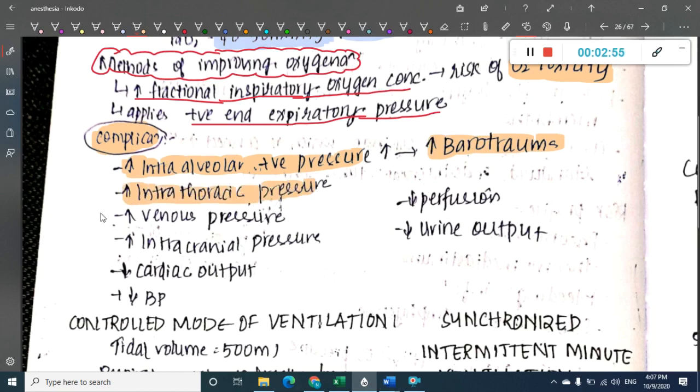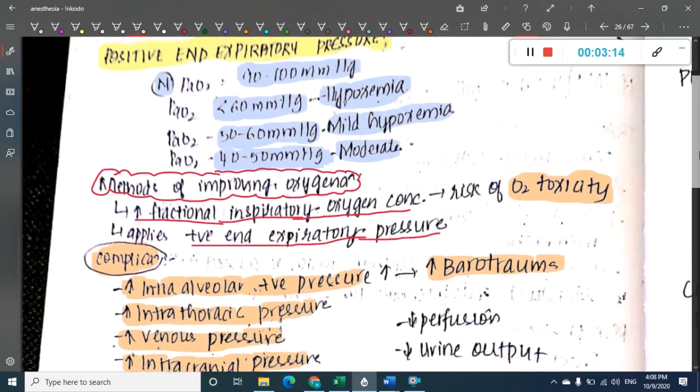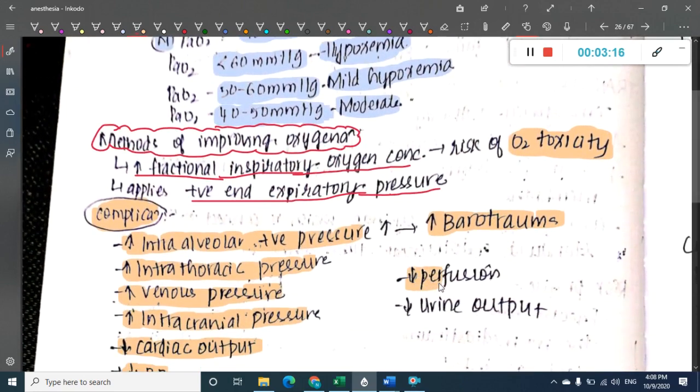Because of that there will be increased venous pressure and increased intracranial pressure. It also causes decreased cardiac output, and decreased blood pressure. So these are the different complications which you see due to the positive end expiratory pressure, right? It also causes decreased perfusion and decreased urine output.